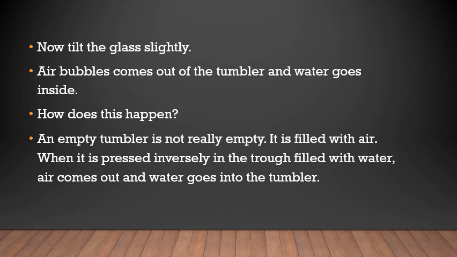The bubbles which came out show that the air escaped from the water and then the paper became wet. So this activity tells us that air is present everywhere, all around us, and air is very, very important to us.